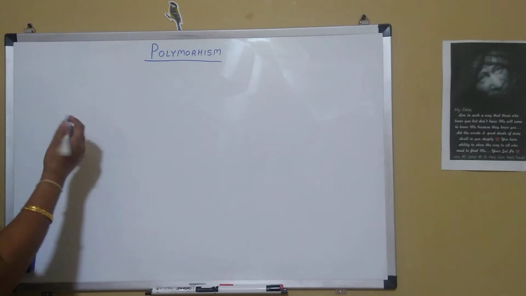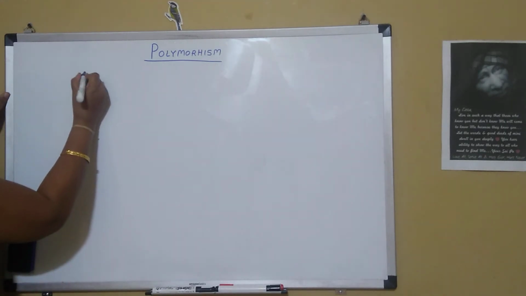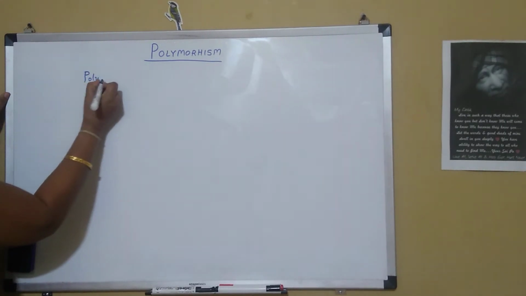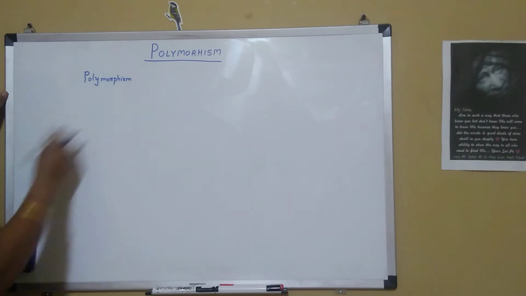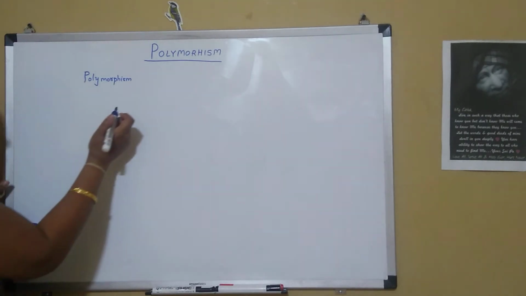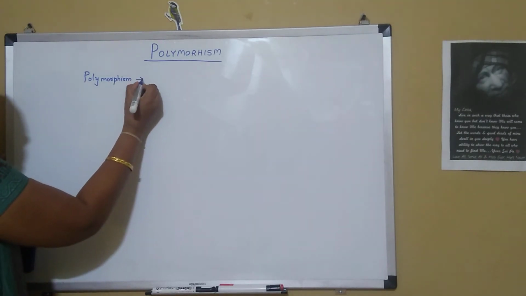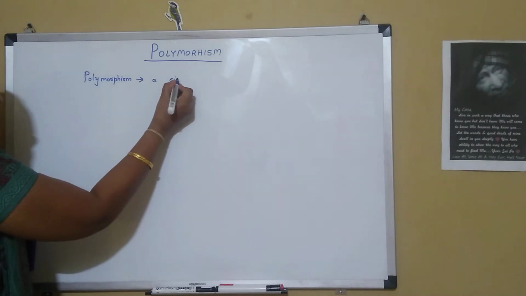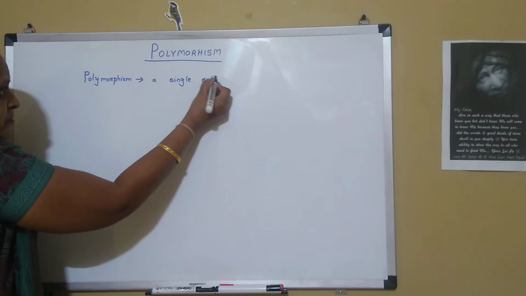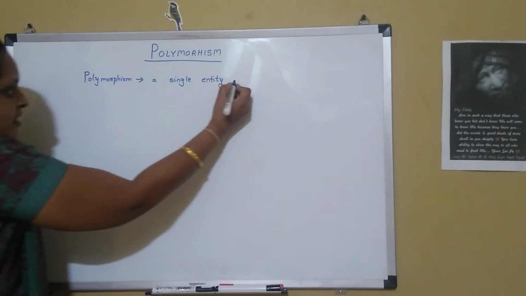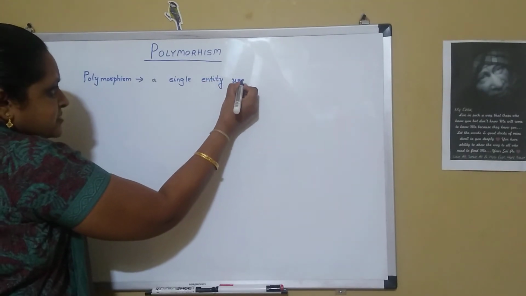So friends, what is polymorphism? Polymorphism is nothing but a single entity used in different types.